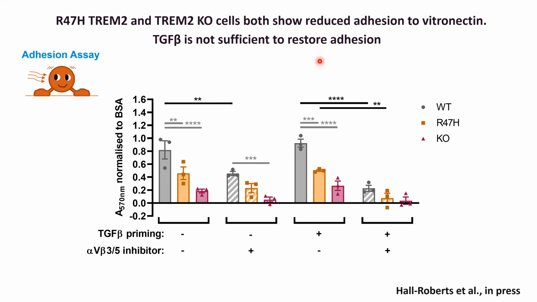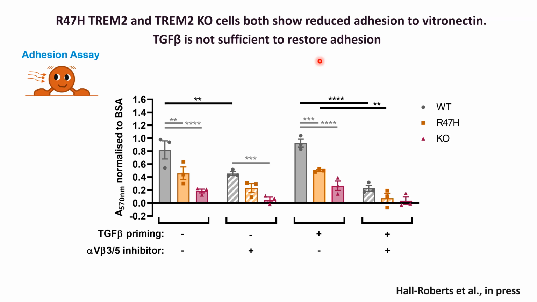Unfortunately not, which is slightly disappointing, but that's the way of things. So clearly TGF-beta, although it's able to rescue the protein levels of the beta 3 integrin, it's not able to rescue adhesion, presumably because there's many other things that TGF-beta is doing in the cells at the same time, and so it's not a very clear-cut phenomenon.